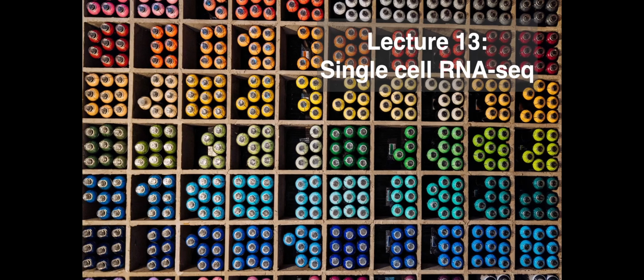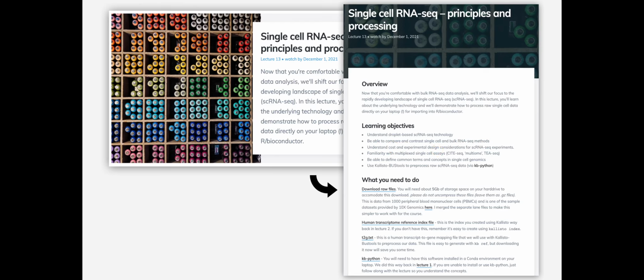You'll understand a bit about the cost and experimental design considerations for planning your own single-cell RNA-seq experiments. I want you to get some familiarity with what we'll call multiplexed single-cell assays, things like CITE-seq and T-seq. You'll be able to define common terms and concepts in single-cell genomics, as you can already do with bulk.